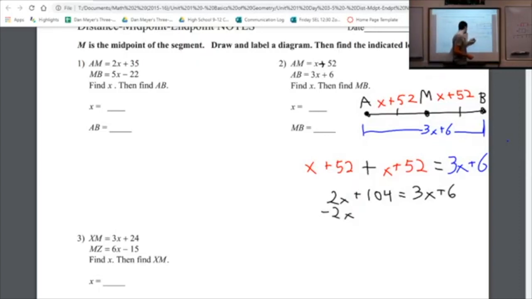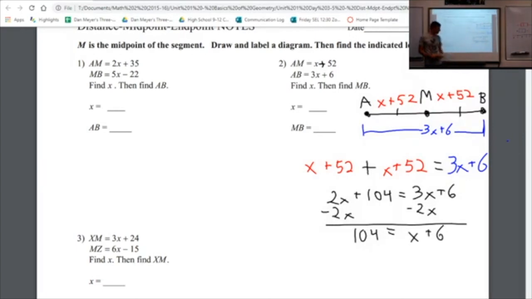Subtract 2x. So I've got 104 still here, equals 3x minus 2x is just 1x plus 6. And so now to solve for x, I'm going to subtract 6. And then x is going to equal 98.